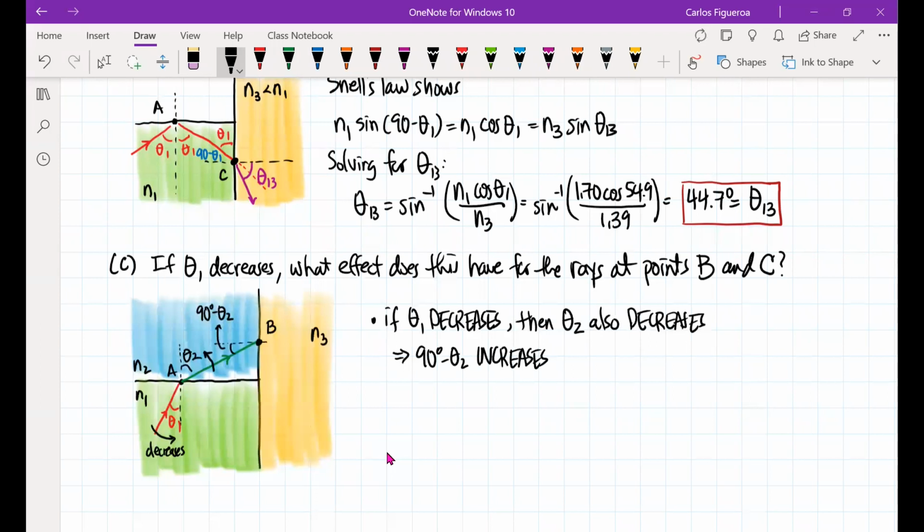And if it increases, that means 90 minus theta 2 becomes greater than the critical angle. And if it's greater than the critical angle, that means you get no refraction into medium 3.